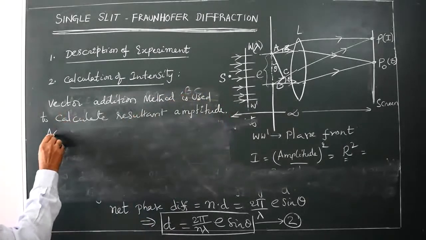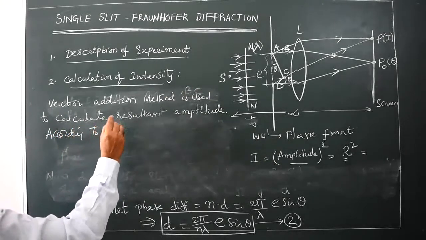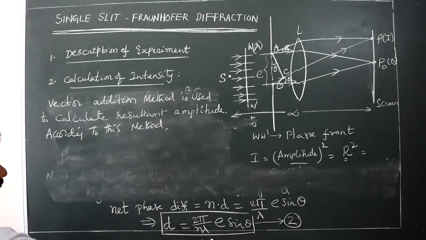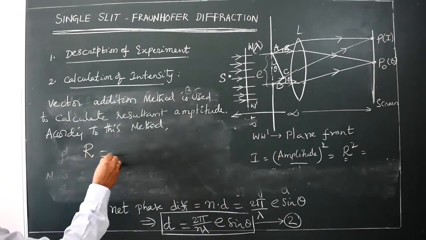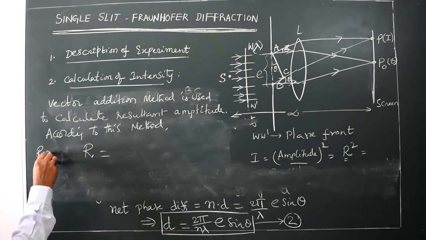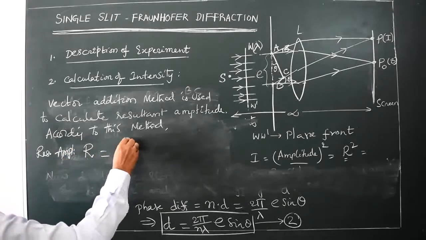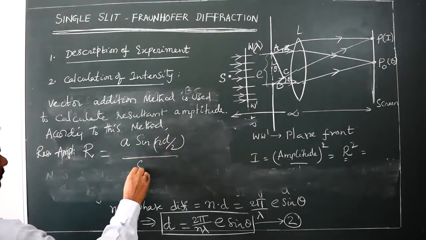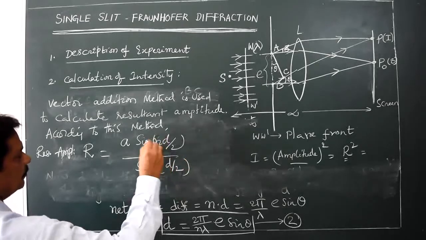According to this method, the resultant amplitude of n slits, each with a phase difference of d, is given by R is equal to small a sin of n d by 2 divided by sin of d by 2. This is the resultant amplitude.